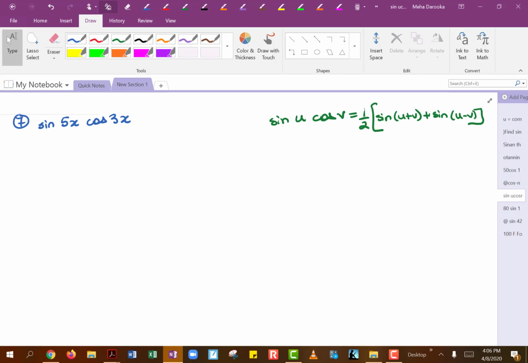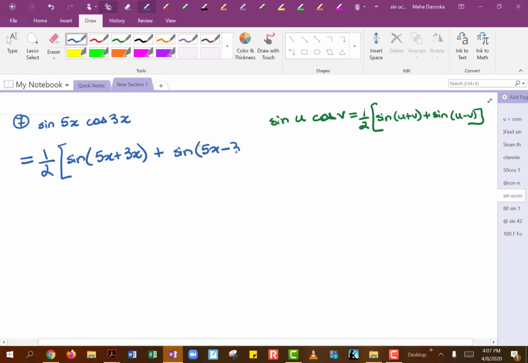So let's translate that into our problem. This will become 1/2 sine of 5x plus 3x plus sine of 5x minus 3x. Again, that 1/2 is staying on the outside. Sine of 5x plus 3x will of course become 8x, plus sine of 5x minus 3x, which will become 2x.